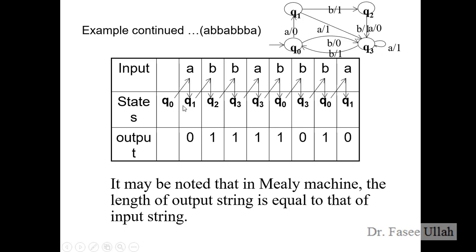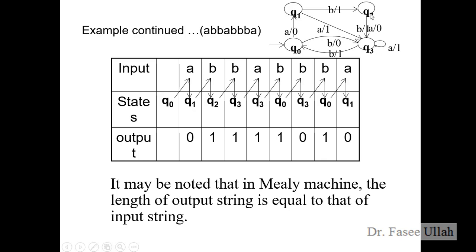Okay, if we run A from this state to this state, I reach Q1, but the output is 0. So I have mentioned the state Q1, which is the new or updated state, and the output that is 0. Next we have B. We are already on Q1, and we have to run B. Here we have two arrows from Q1, one to Q3 and one to Q2.